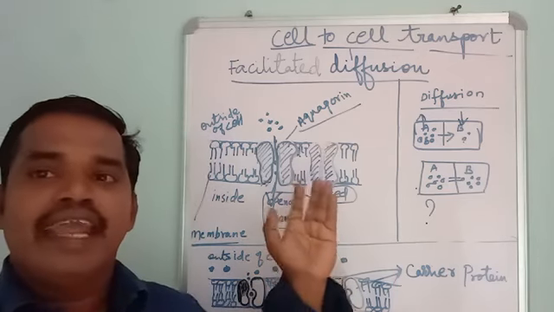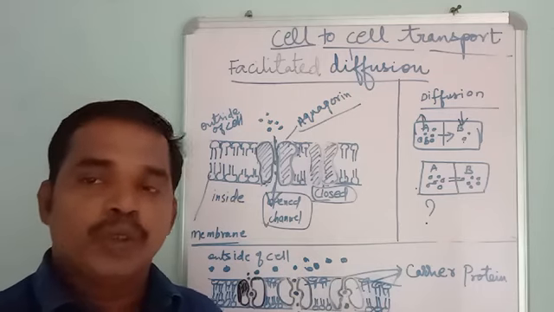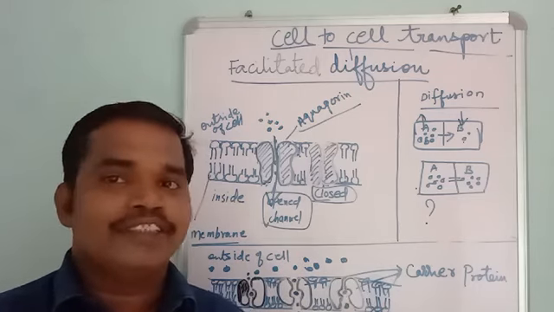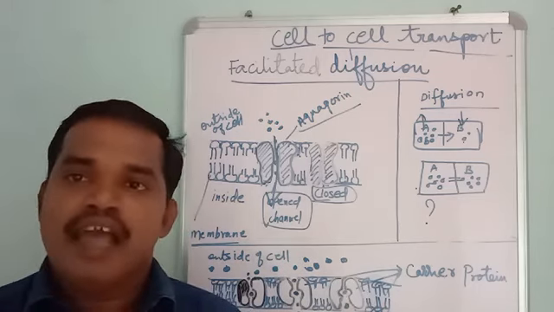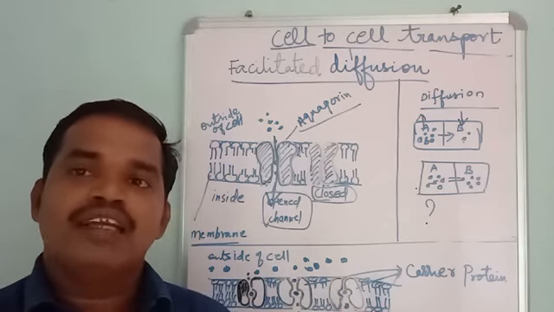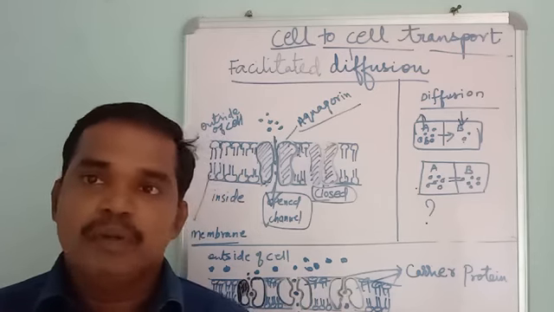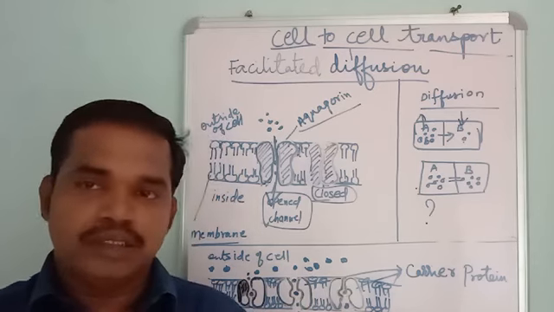Based on energy expenditure, transport is classified into two categories: passive transport and active transport. What comes under passive transport? The diffusion process, imbibition process and osmosis process.